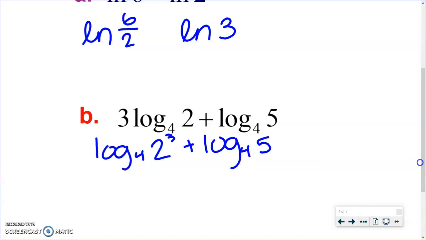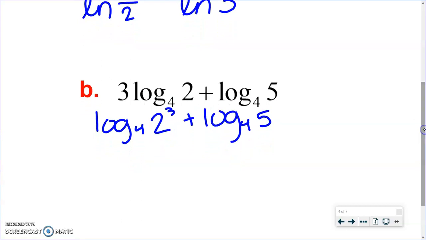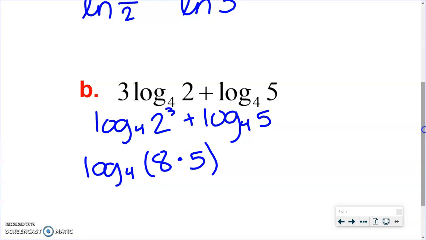So when we rewrite this, we can simplify one step further. We're going to write this as log base 4 of 8 times 5. And I know you guys can do simple math, so we'll simplify one step further. Log base 4 of 40. That is the condensed version.